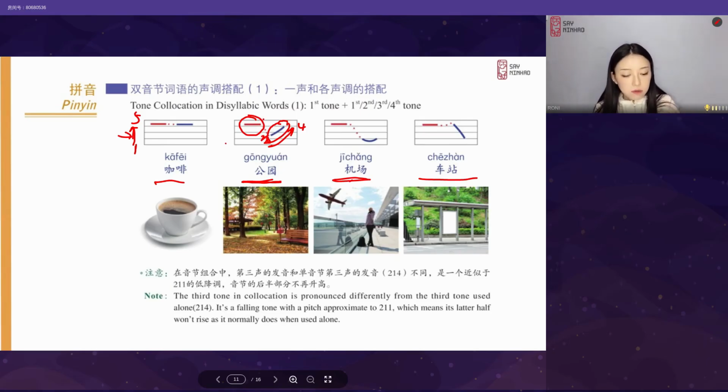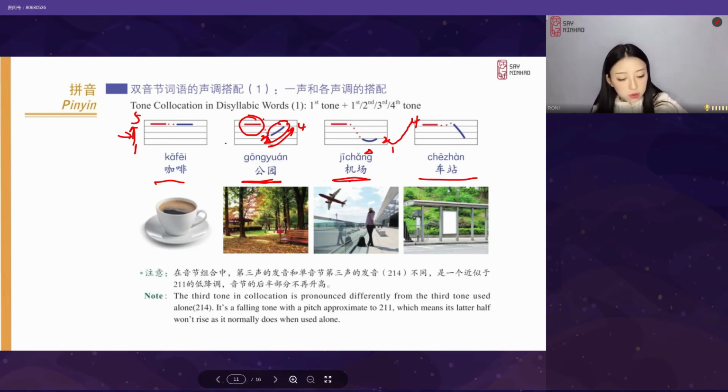Okay, anybody still remember when we first learned the third tone? The picture of the third tone pitch looks like this. It is 2, 1, 4. Right? The pitch dropped from 2 to 1 and it rises up to 4.